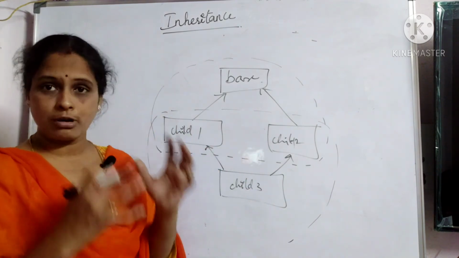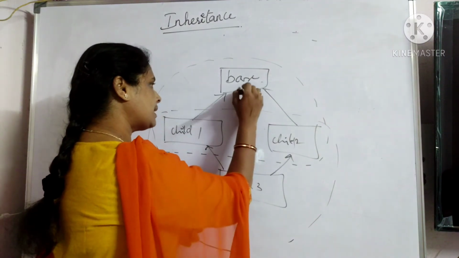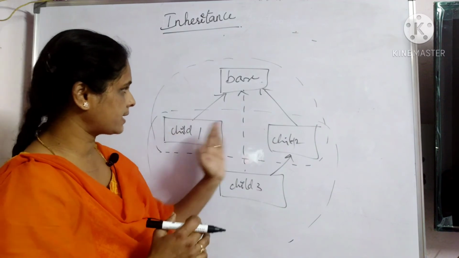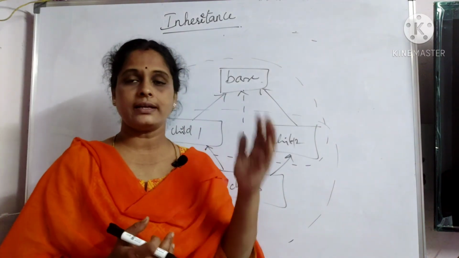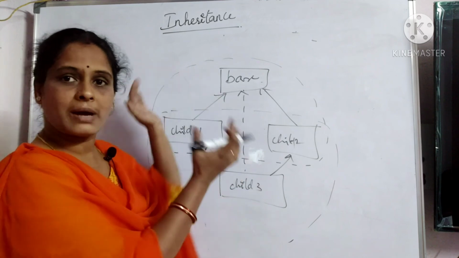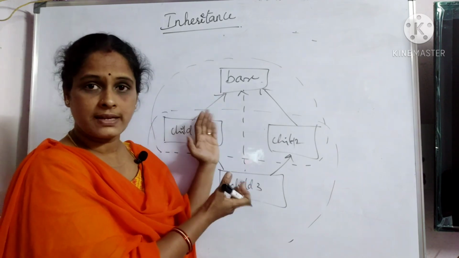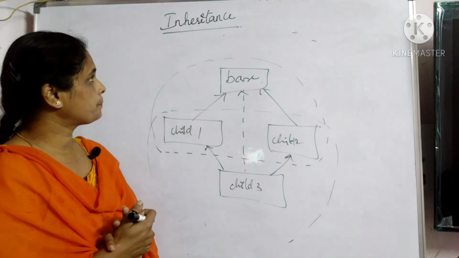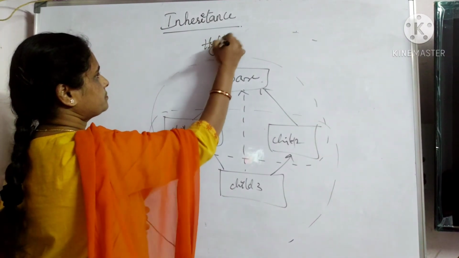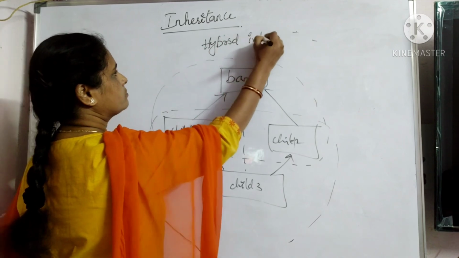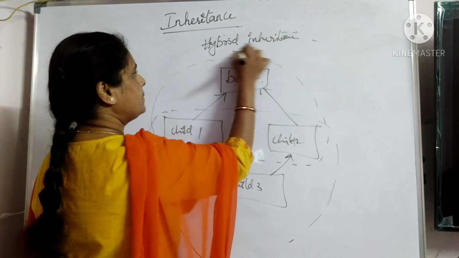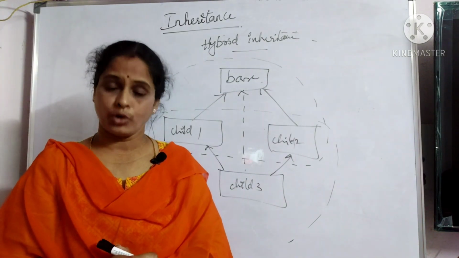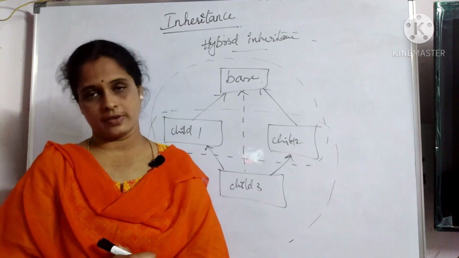So hierarchical inheritance and multiple inheritance are both combined together here. That's why we call this kind of inheritance hybrid inheritance. So this is all about what inheritance is and what the different types of inheritance are.